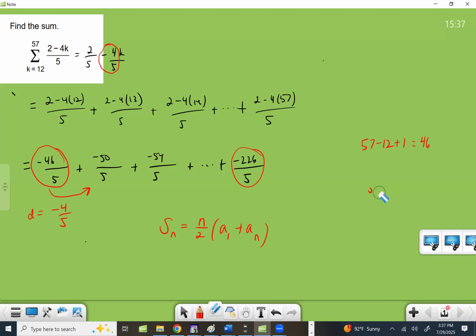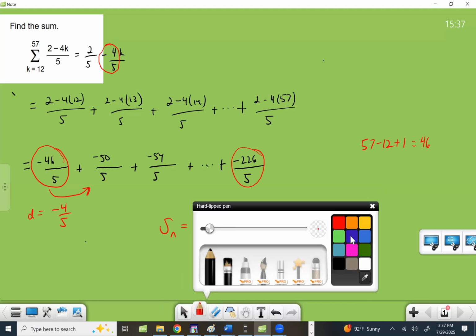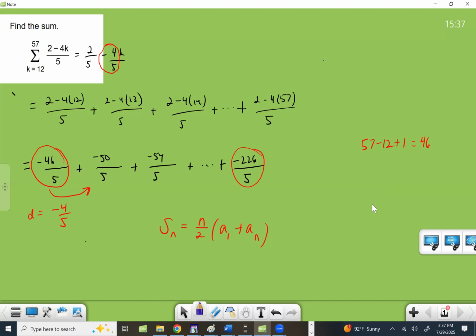So we have 46 terms. That's going to be our n. Let's substitute it into the formula. The sum of the first 46 terms is 46 divided by 2. Remember, if this ends at 46, then this ends at 46. Then the first term is this guy; it's not really a sub 1, it's kind of a sub 12.